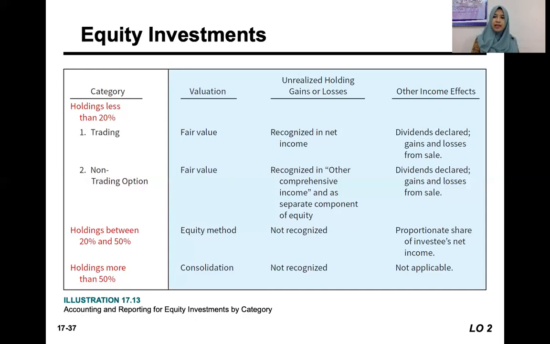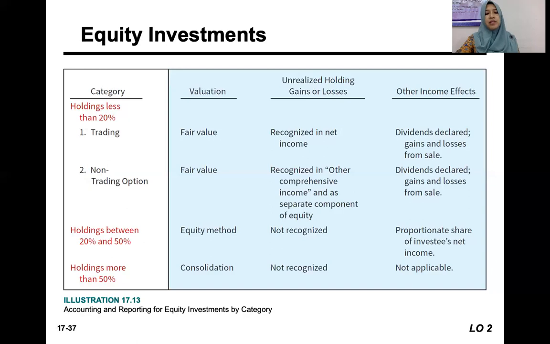If the investee incurs a loss, it will reduce our equity investment. And if a dividend is paid to us, it will also reduce the equity investment. We'll see it in detail later on.